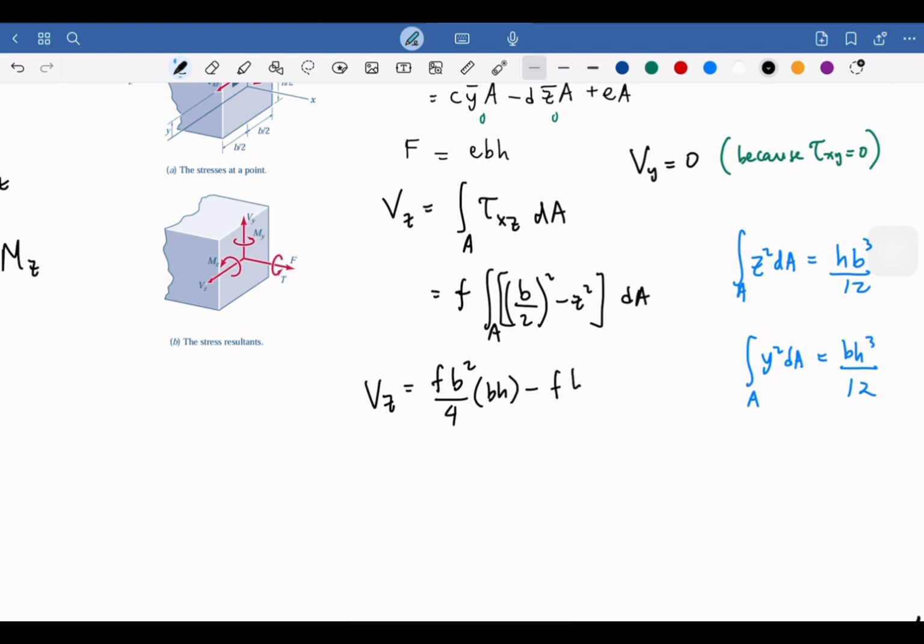So f h b cubed over 12, and this will be f h b cubed over 12 minus f h b cubed over 4 minus over 12. So we have a 2 over 12 or 1 over 6 f h b cubed. This is V z.